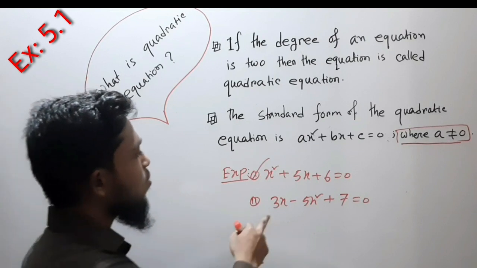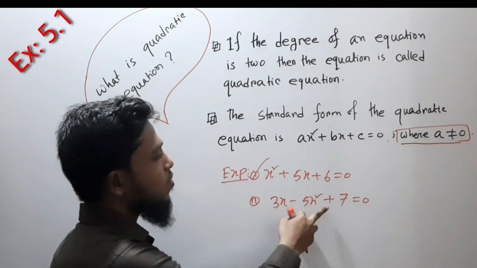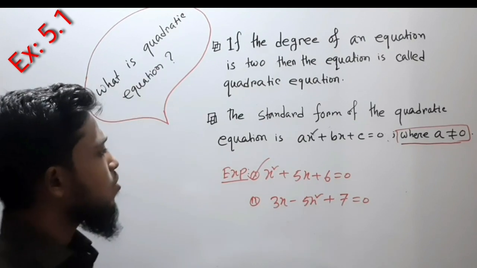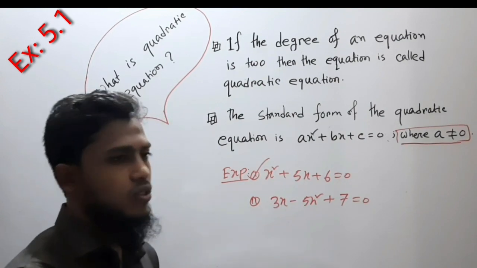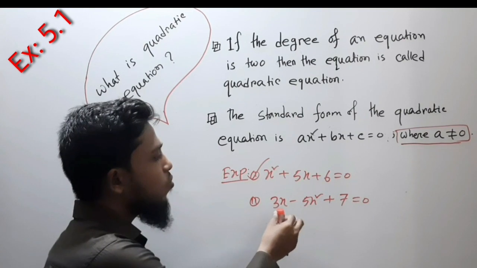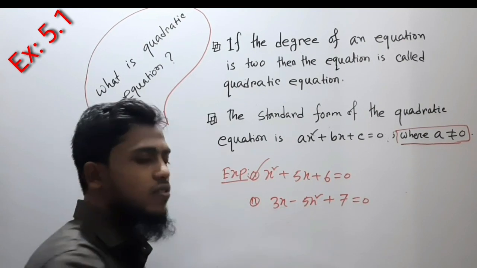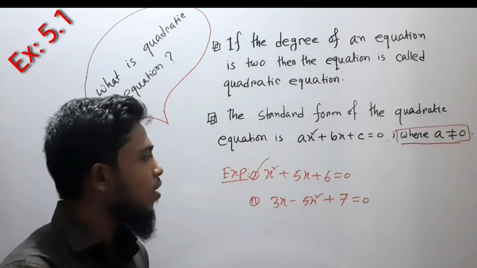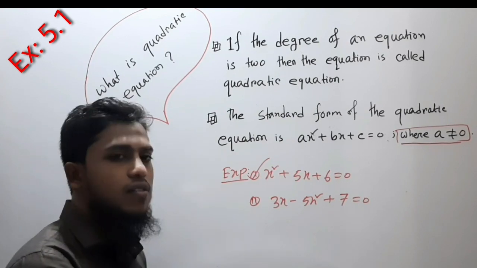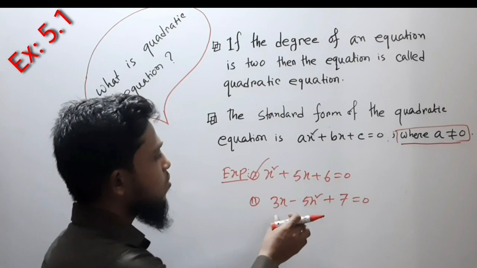But our second example, 3x minus 5x square plus 7 is equal to 0, is not the standard form of a quadratic equation. If you convert this equation into the standard form, you have to arrange the ascending power of x.